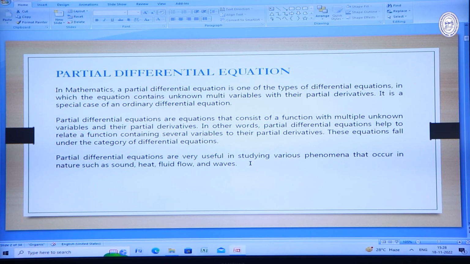These equations fall under the category of differential equations. Partial differential equations are very useful in studying various phenomena that occur in nature such as sound, heat, fluid flow and waves.